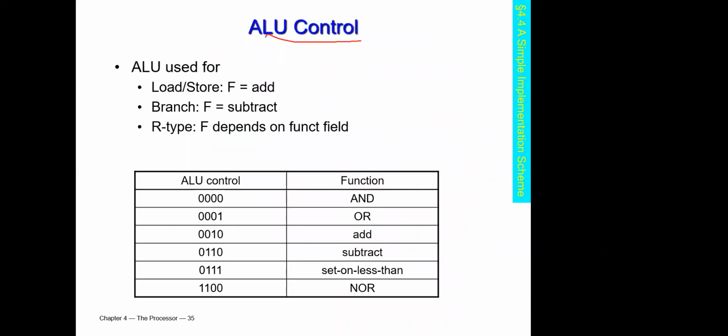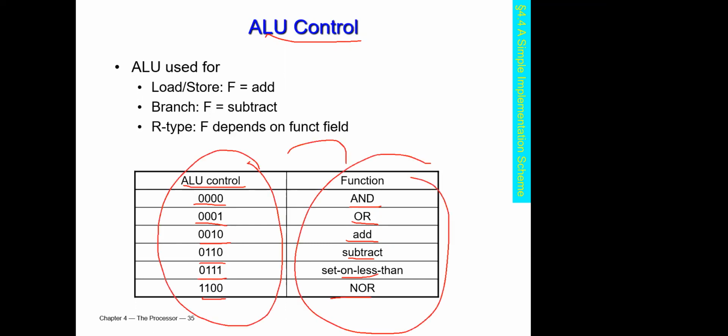So this is the ALU control, as I just mentioned. ALU control will have all zeros if the function is AND, this if the function is OR, this if the function is ADD, this if the function is subtract, set less than, NOR. Again, I'm not expecting that you remember this. This would be given in the exam or in the quiz, if I'm asking you something that depends on that.